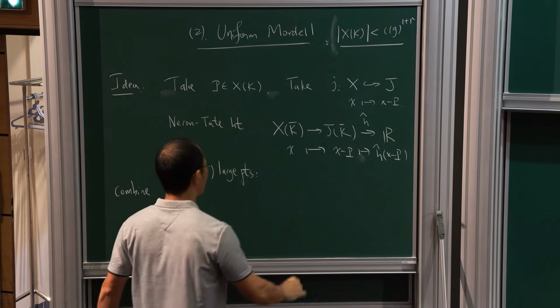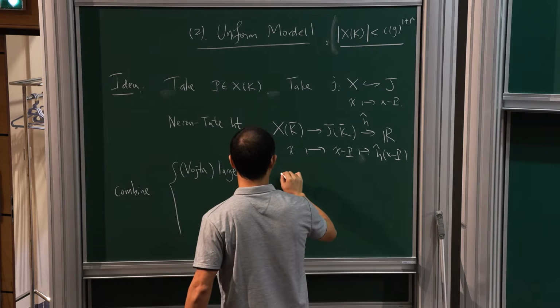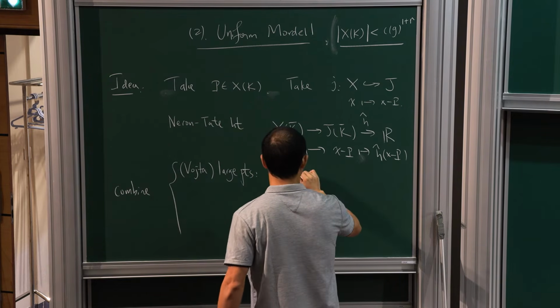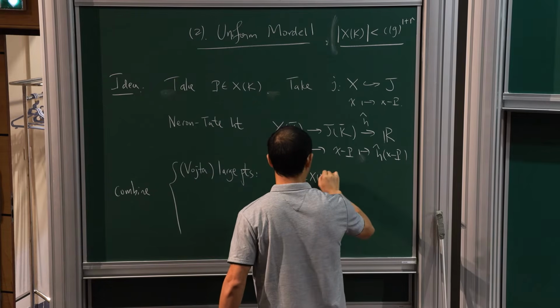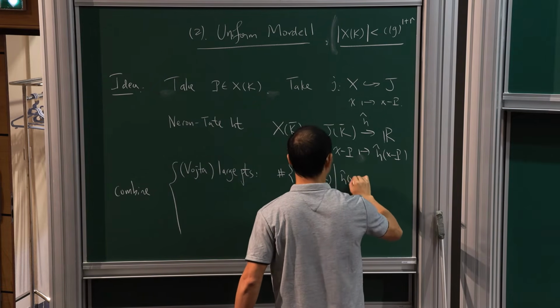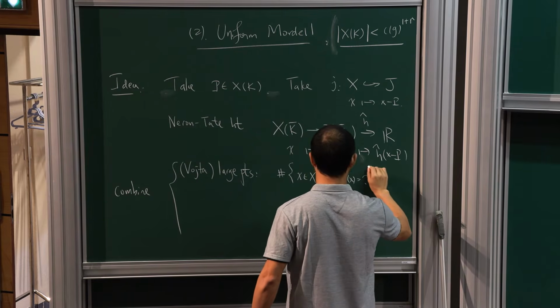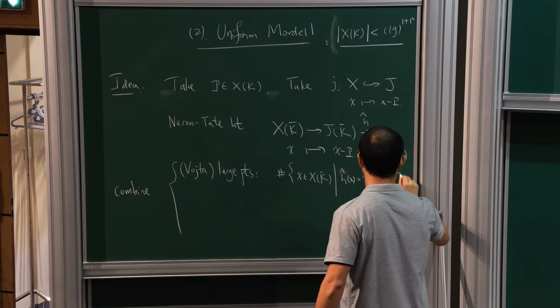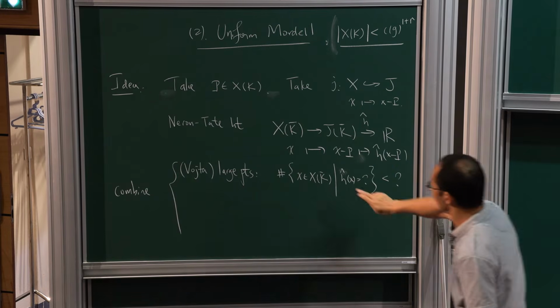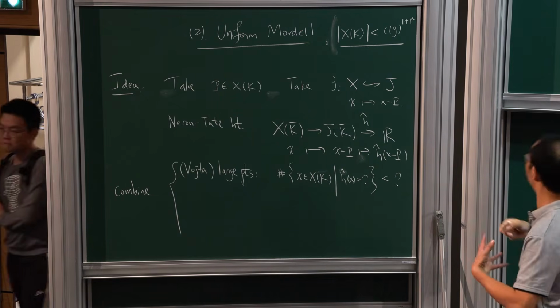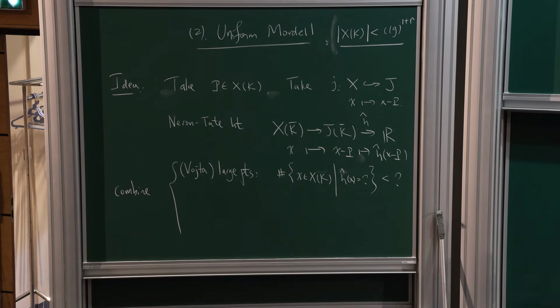Here I just write roughly x in X(K) when the height of x is greater than something, and then we want it to be less than something. This is obtained in Vojta's proof of the Mordell conjecture, the second proof.